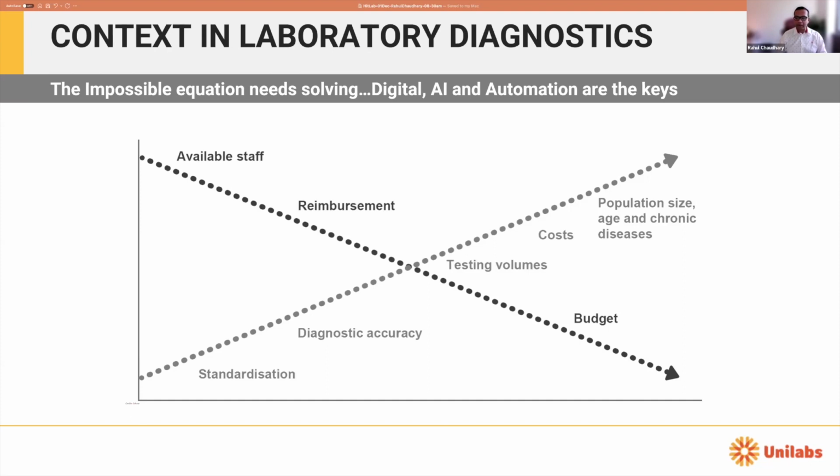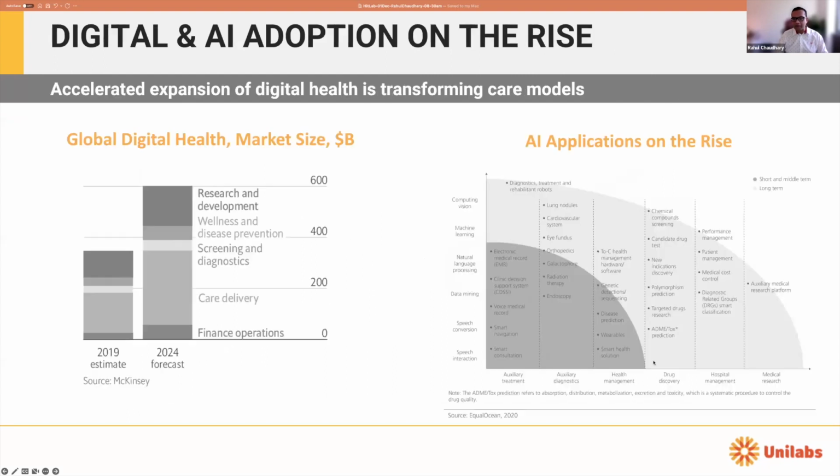I talk of this impossible equation today, which needs solving, right? The impossible equation is that if you see today, there is decreasing staff in terms of specialization. There is pressure on the insurers to reduce the insured amounts because the number of tests are increasing, the volumes are increasing, they cannot cope up. The testing volumes are increasing at the same time. The budgets for the countries are decreasing.